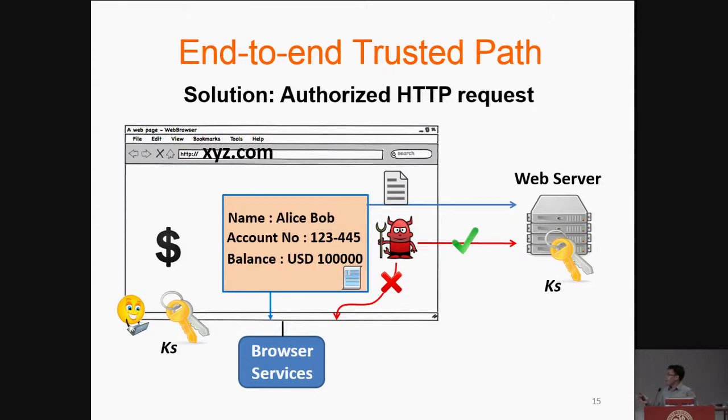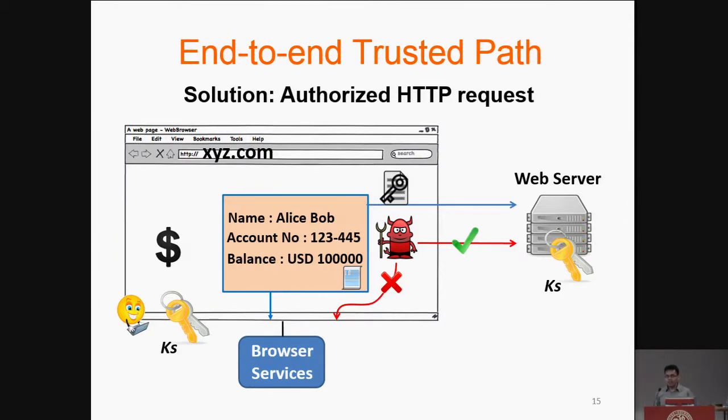And these components will create this HTTP request, and the web server needs to know whether some HTTP requests are authentic or not. And the way the web server distinguishes the authentic HTTP request is by the following. So first, since we have KS as the root of authority on the web, we will derive some secret token T, and this token will be attached to any HTTP request which is originated by some trusted components.